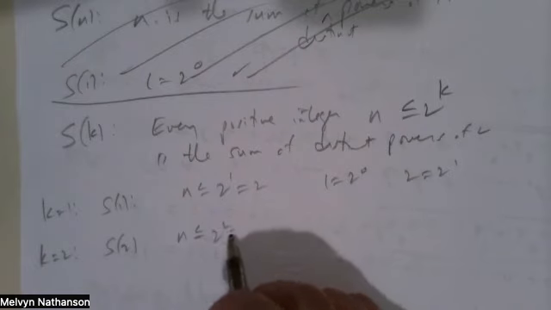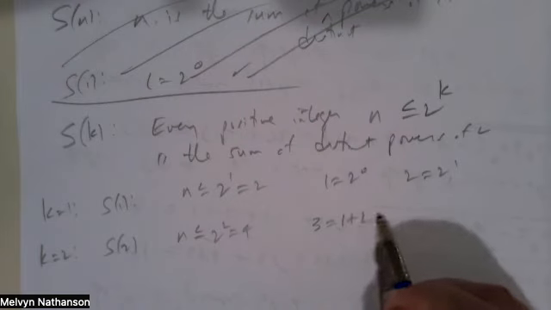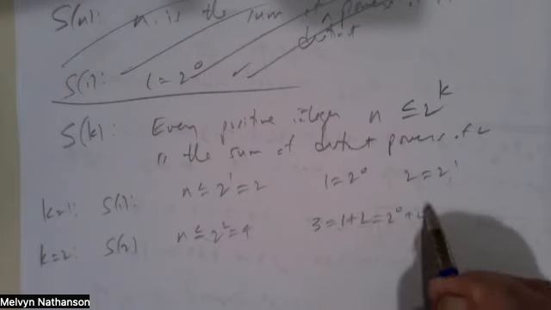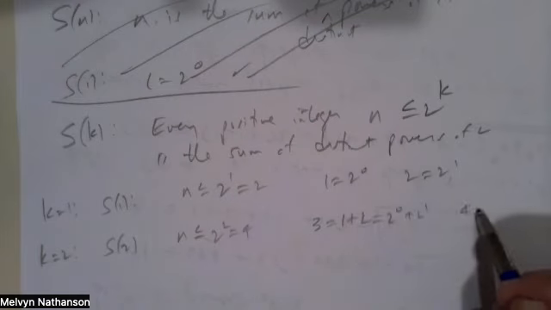It says every number n less than or equal to 2 squared or 4. So here we have 1 and 2. We now have to consider 3 and 4. Well, 3 is 1 plus 2, which is 2 to the 0 plus 2 to the 1st. And 4 is 2 squared. So that's true.